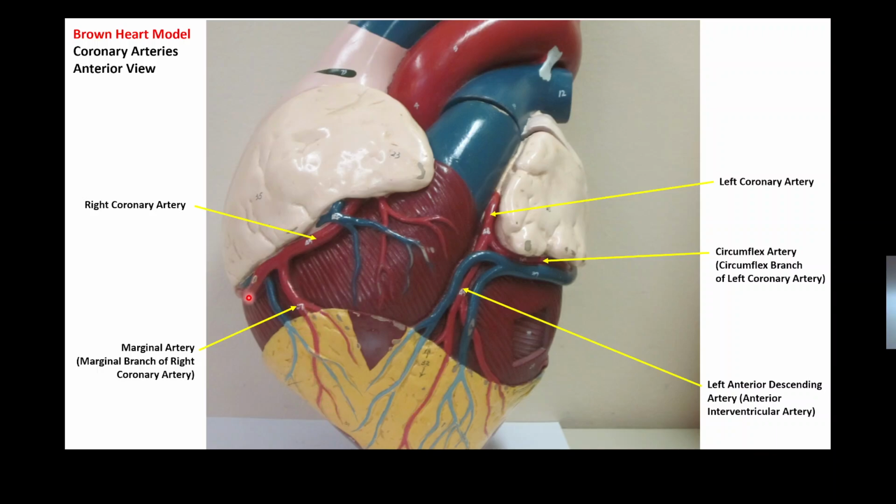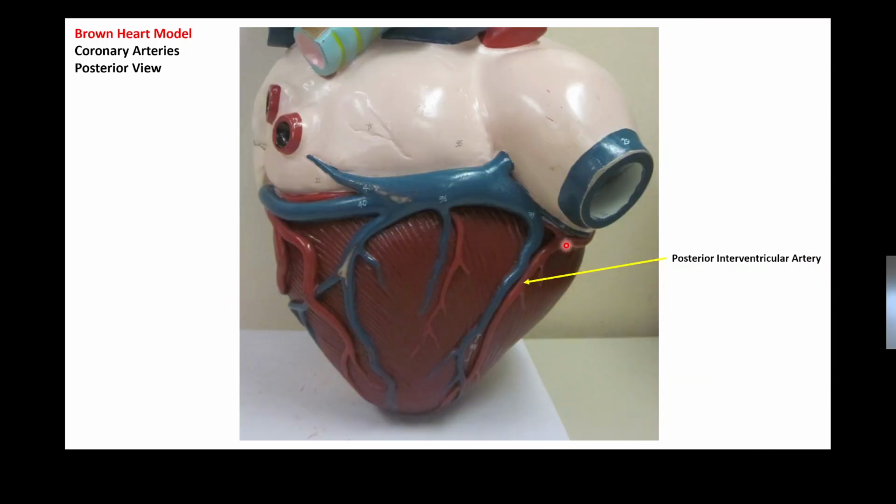Then the right coronary artery goes around the back of the heart. Let's follow it. And it comes around right here. And it's going to terminate as the second branch, the posterior interventricular artery. This is actually sitting in the posterior interventricular sulcus.